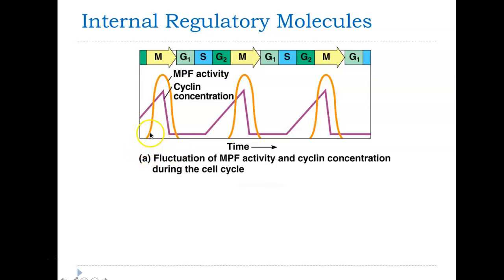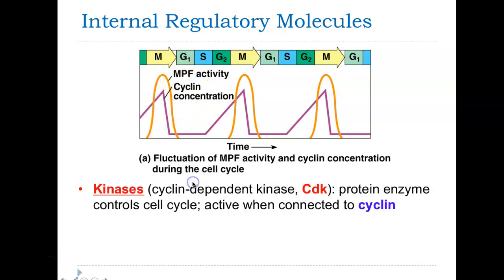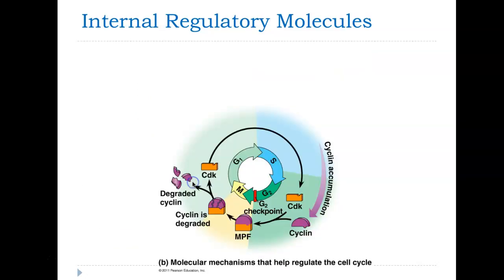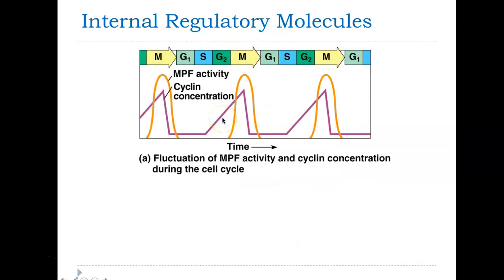So you have this orange curve and then you have the purple line, basically. And what I need you to know is that MPF is called the maturation promoting factor. We'll get to that in just a second.